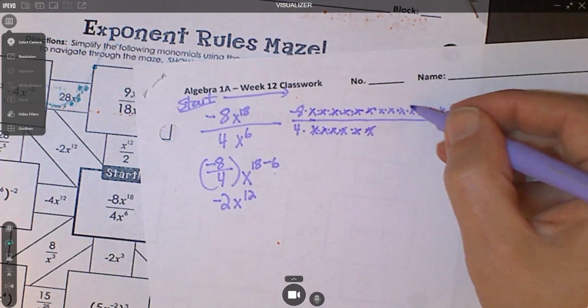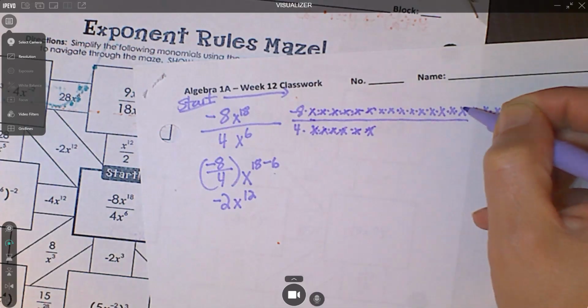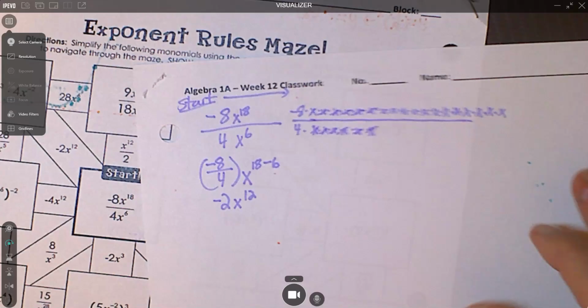There's 1, 2, 3, 4, 5, 6, 7, 8, 9, 10, 11, 12 still up there.